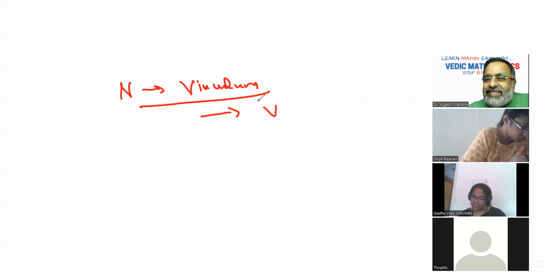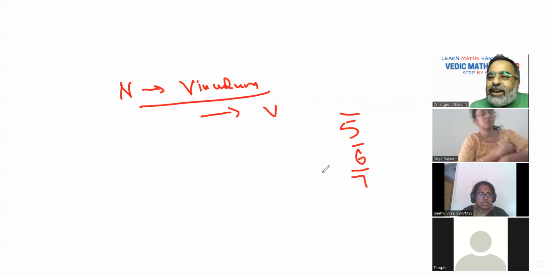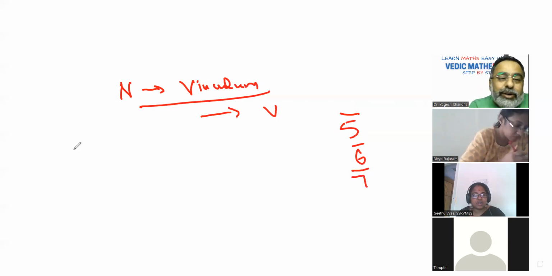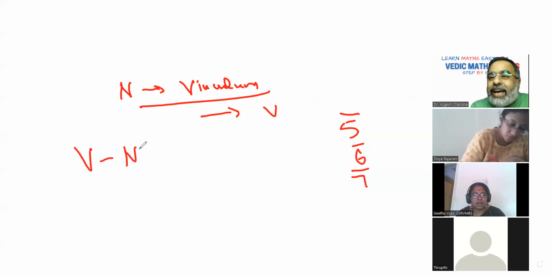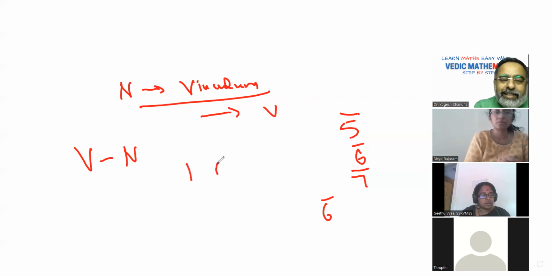Second thing, whenever you are converting normal to vinculum, you will never get 5 bar also. You'll never get 6 bar also. You'll never get 7 bar also. But when we were doing vinculum to normal, there were questions where I mentioned 6 bar also. Okay. One question. 1 6 bar 3. What is the value?